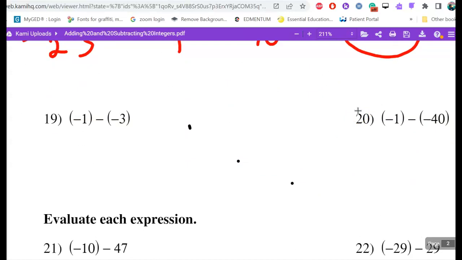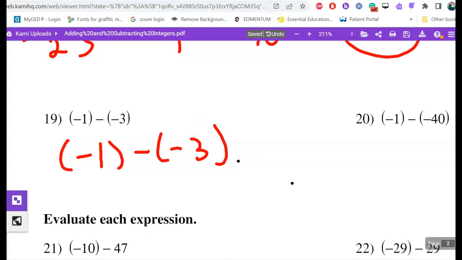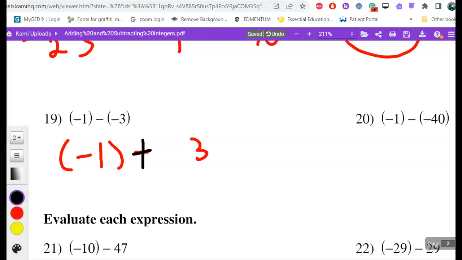Here we go. This time, number 19, I have negative 1 minus negative 3. Remember, step 1, change it to addition. Step 2, change the sign of the second digit. That second digit is a negative 3, so I will change it to make it look like a positive 3. Step 3, follow your addition rules.